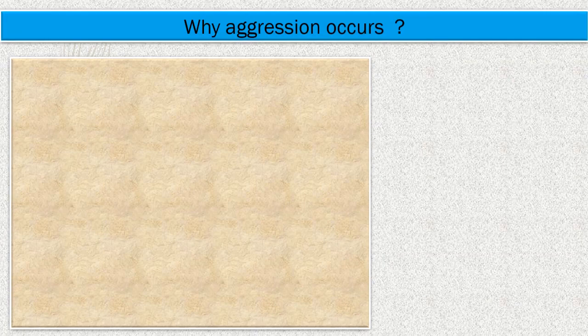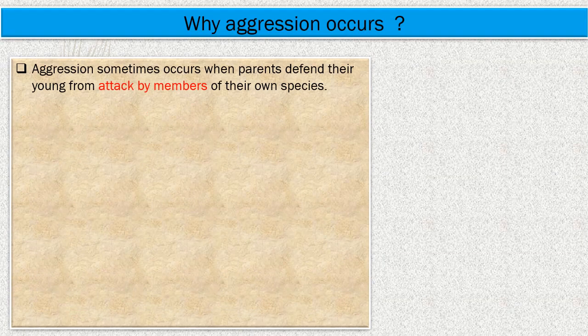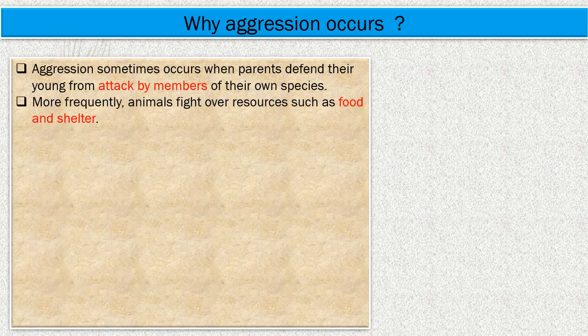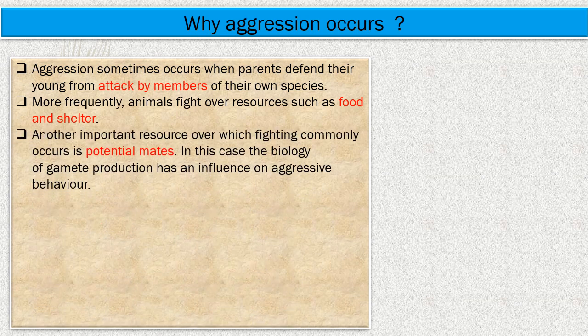Let us see why aggression occurs. Aggression sometimes occurs when parents defend their young from attack by members of their own species. More frequently, animals fight over resources such as food and shelter. Another important resource over which fighting commonly occurs is potential mates.